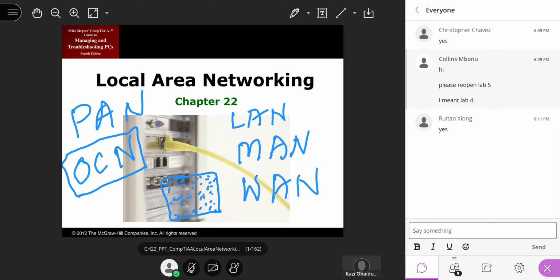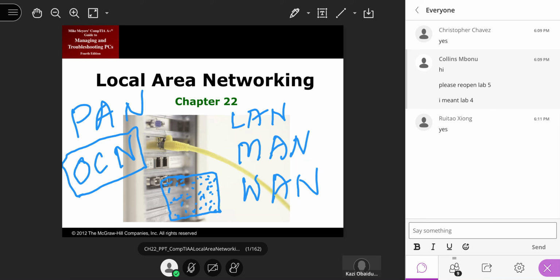That is the on-chip network. And in our motherboard also, we have many circuits and many network systems. This is also an on-chip network, which is a different thing. And PAN means the personal area network.